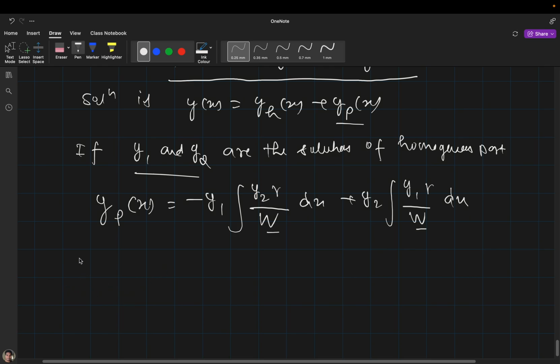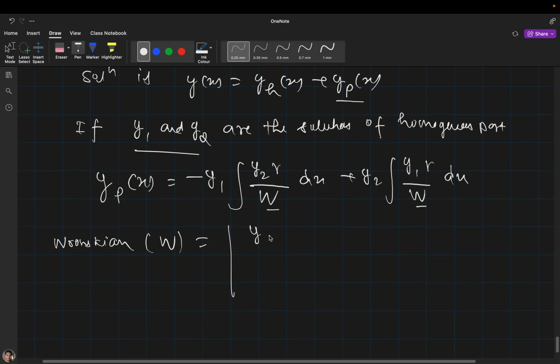The w is nothing but the Wronskian. That is the determinant of y1, y2, and the first derivative of y1 and first derivative of y2. And this expression can also be used to check whether y1 and y2 are linearly independent or dependent.